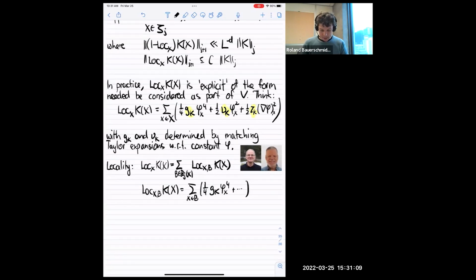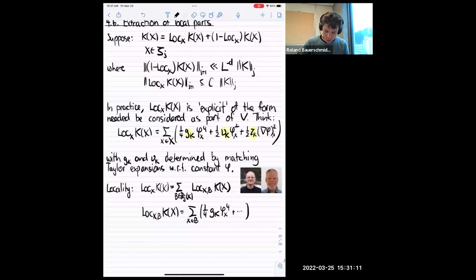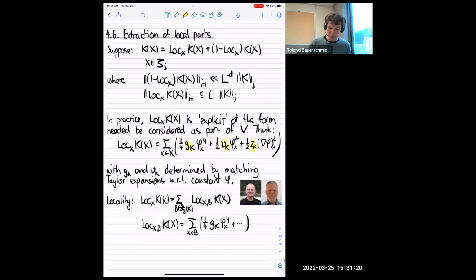So of course you can write down this approximation in the way I explained by matching Taylor expansions. This is the point where, when you try to prove this estimate, you realize that you'll run into problems when you use the L infinity norm.